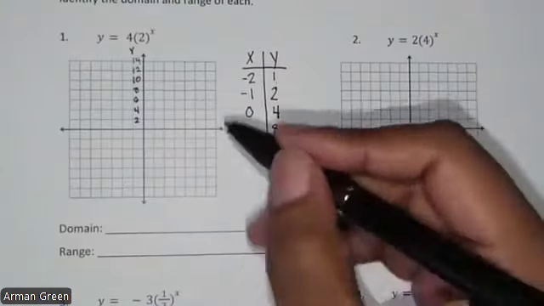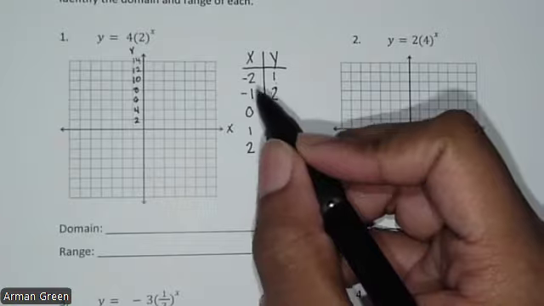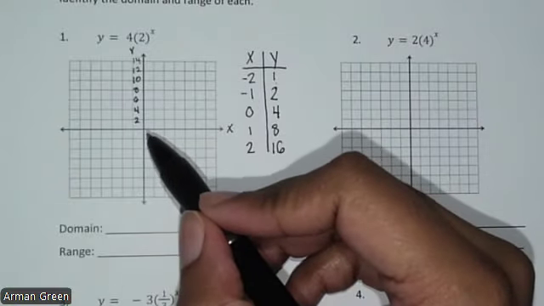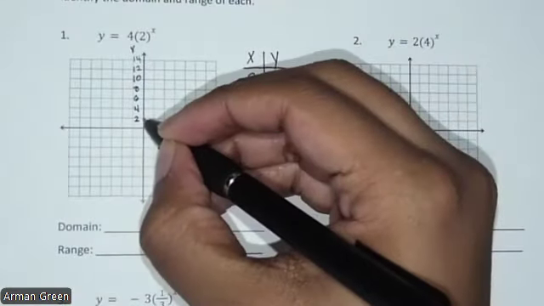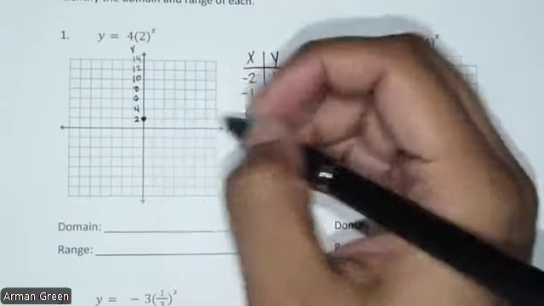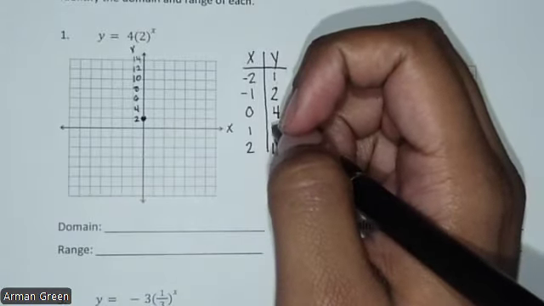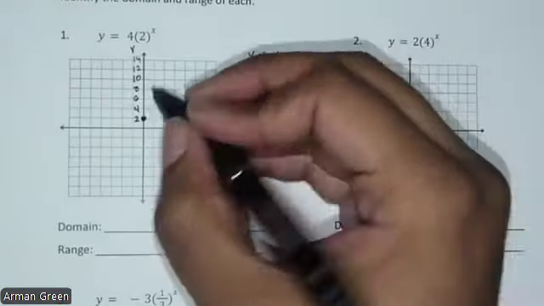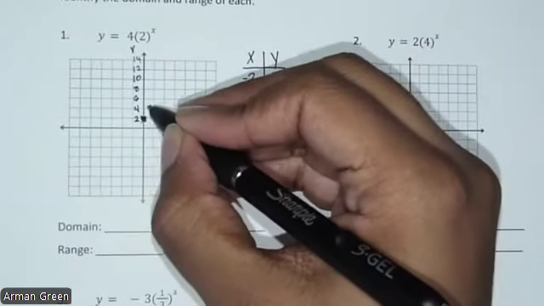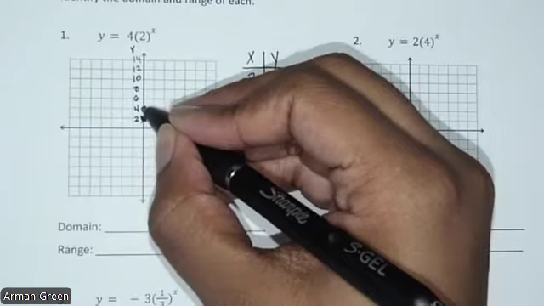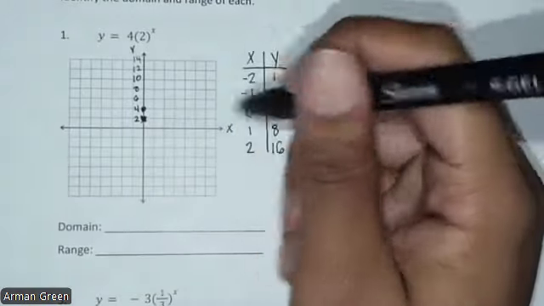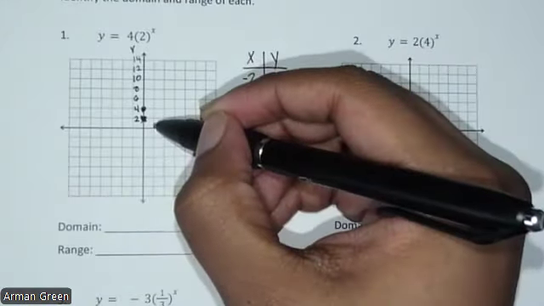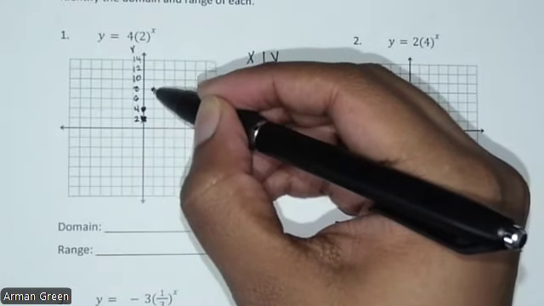Now, we know that when x is 0, our y value is 2. Oops, sorry, not 2. It says here that when x is 0, our y value is 4. So forgive me, we don't have a point here; we actually have one right here. We know that when x is 1, our y value is 8.